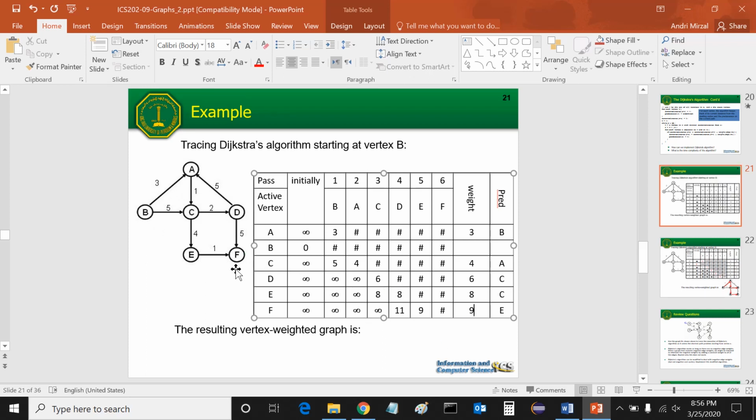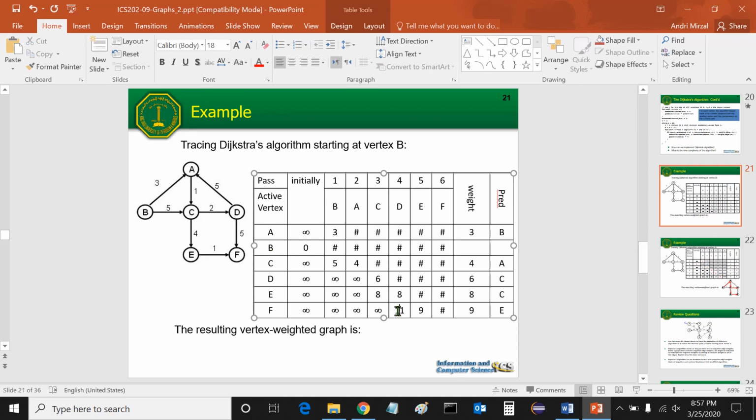Now look at this. F actually has two predecessors, D and E, because by traveling using B, A, C, E, F, we got 9 as the total weight. If we travel using B, A, C, D, E, D, F, then the total weight will be 11.